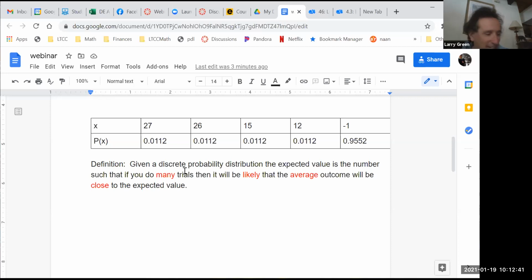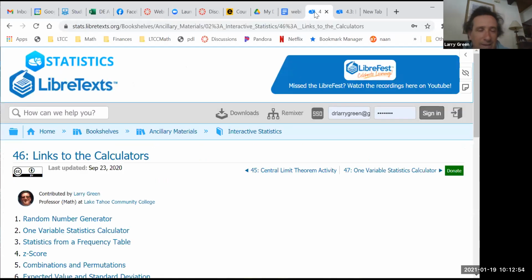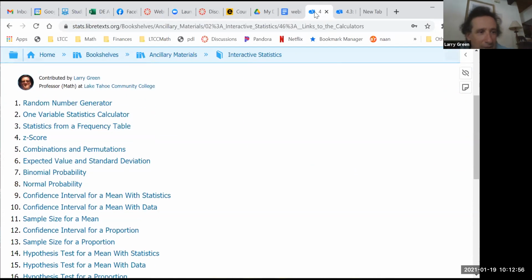Yeah. So what I do need to do is write down, because we have to change screens, 0.0112 and 0.9552. Okay, so what I'm going to do, I'm going to go here. And I tried to make the calculator really easy.